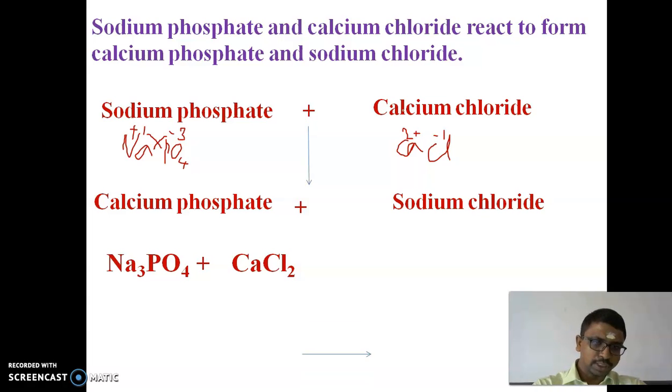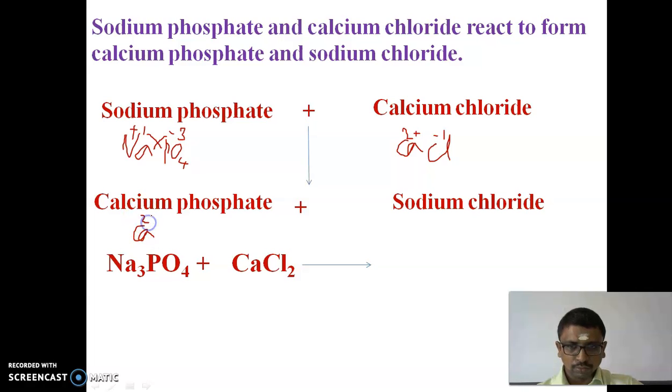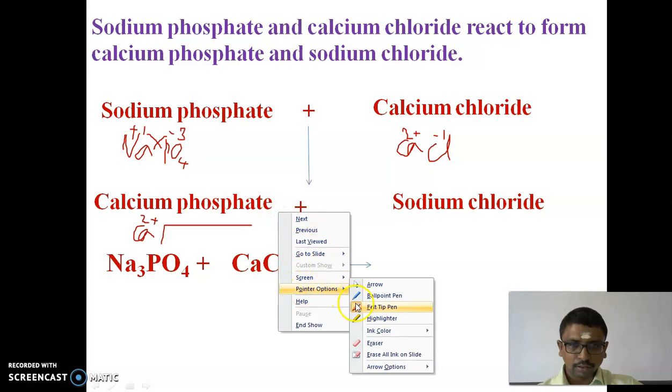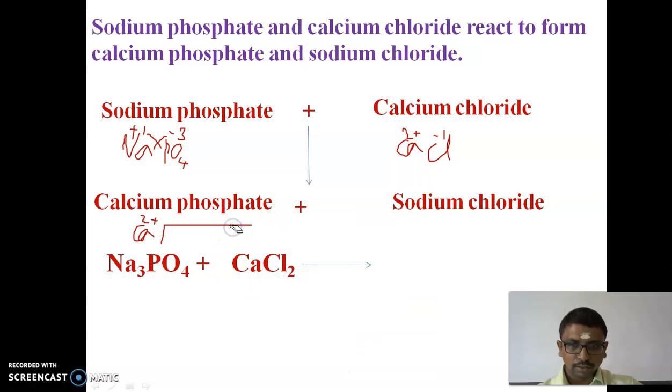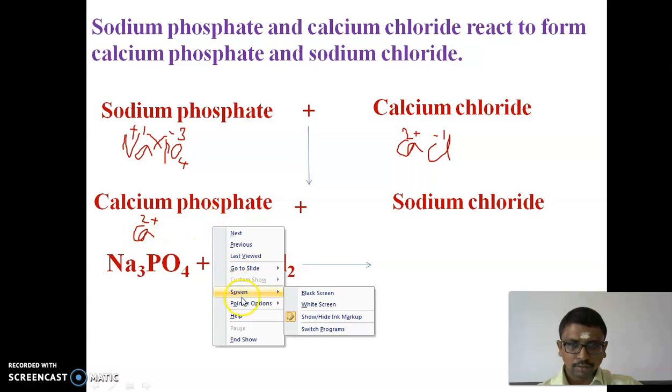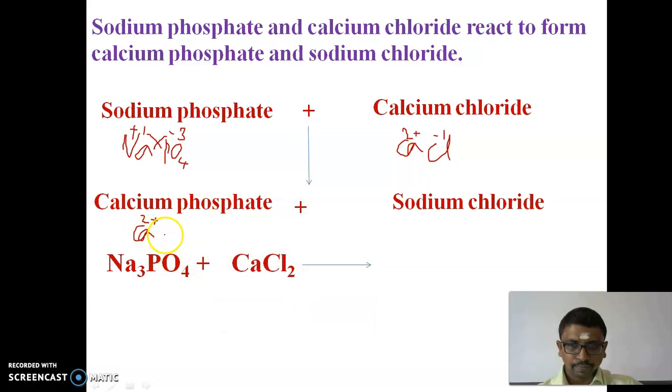CaCl2, which gives calcium phosphate. So what is the formula for calcium? Ca, 2 plus. The phosphate formula will be PO4.